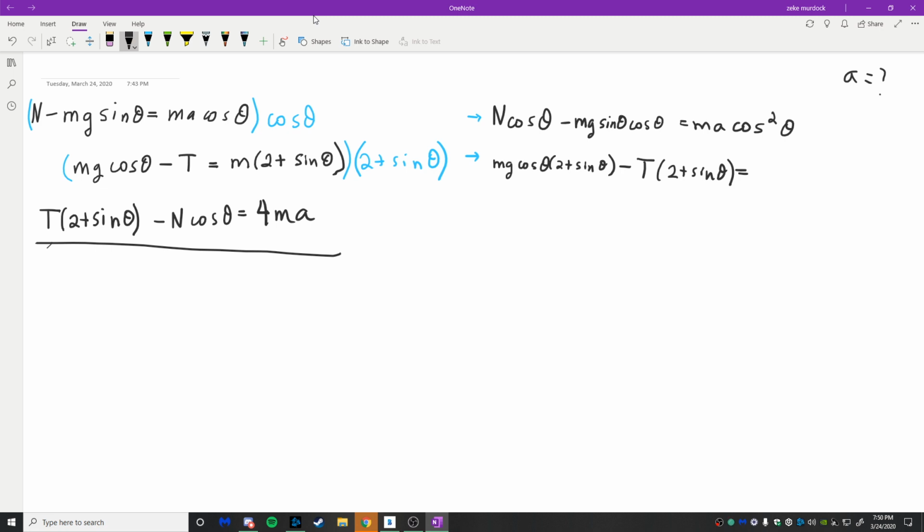I lost something here. There was an a here, by the way. I'm sorry. Should have been an a right there. So it's going to be equal to ma times 2 plus sine of theta whole squared, right? Because this times this. And then our last equation stays the same.